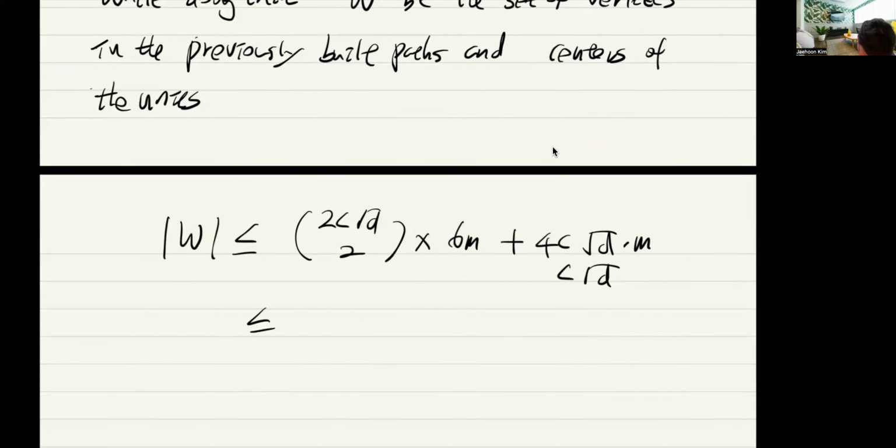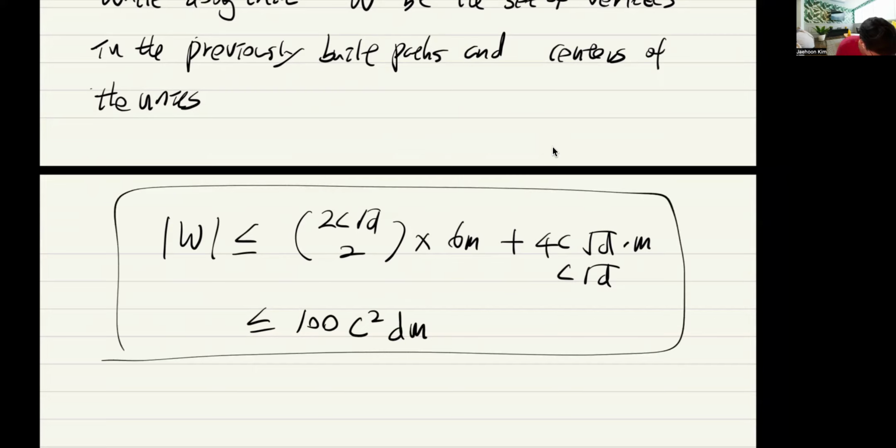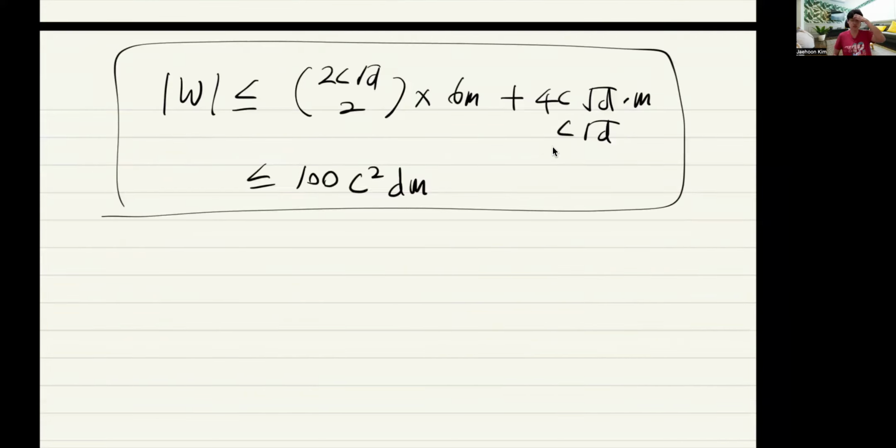So altogether, you can show that it is like 100 times c squared d m. So W is always at most this number of vertices.